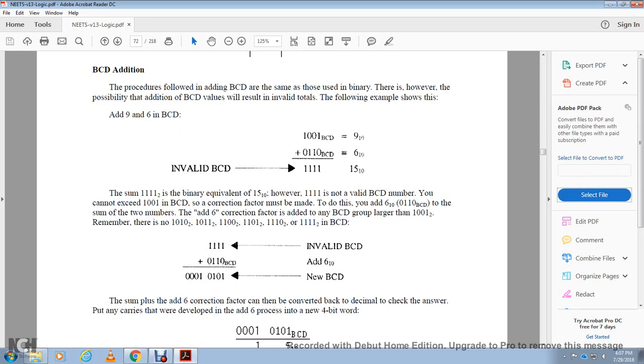Remember, these are not valid BCD codes: 1010, 1011, 1100, 1101, 1110, and 1111. Those are invalid codes.